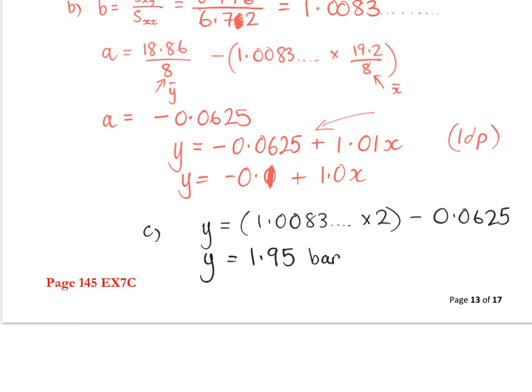So as you can see, the reading of the gauge was 2 bar, but using our regression line it should actually read 1.95, and that is quite reliable because we can see that the 2 bar is interpolation, within our data set.